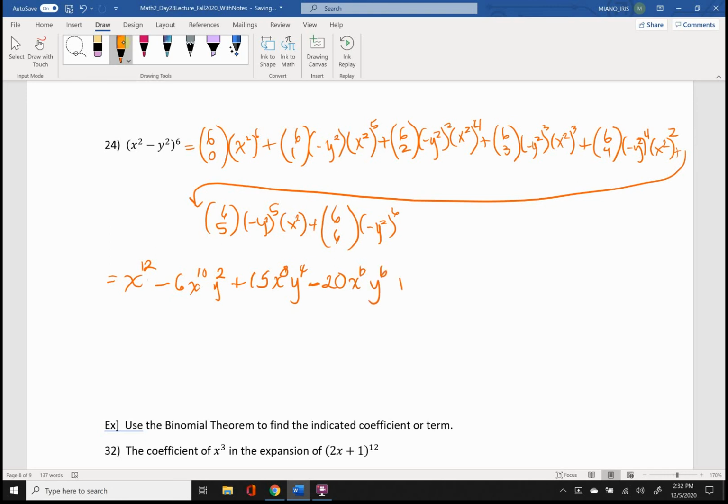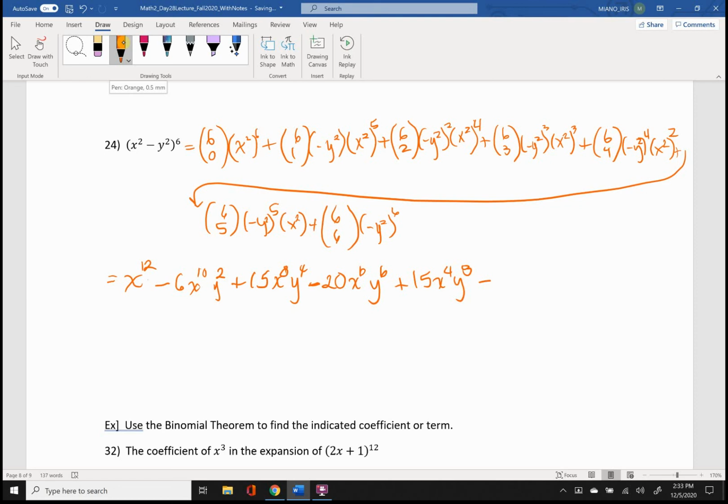Now we're going to add 15, being the value of 6 chosen 4 at a time. The x will be to the 4th power, and because 2 times 2 is 4, the y will be to the 8th power.